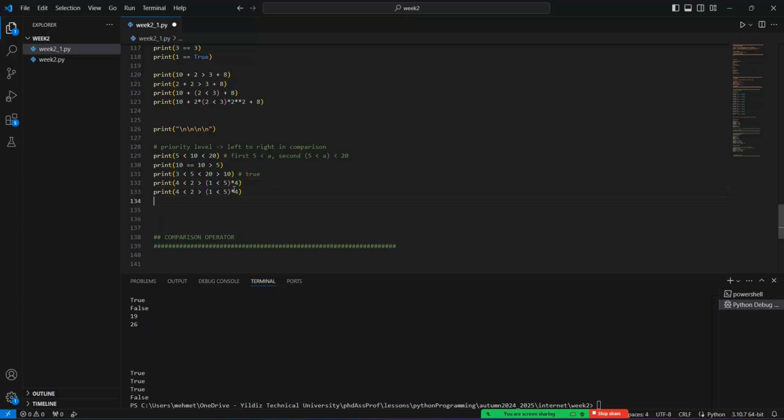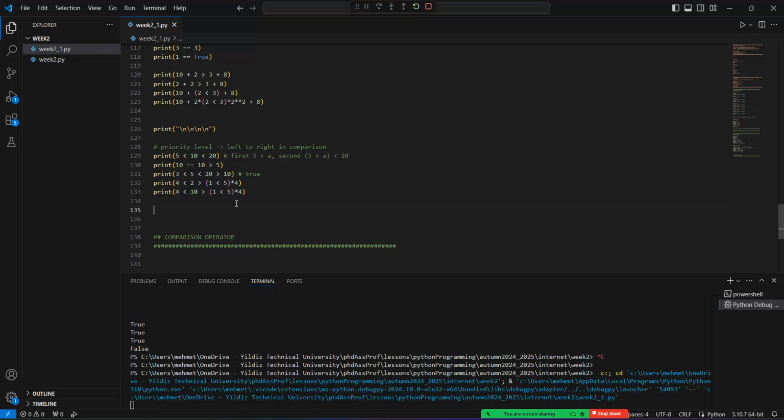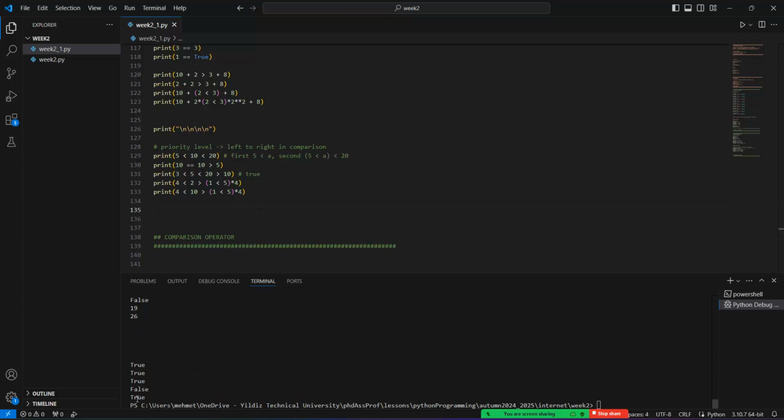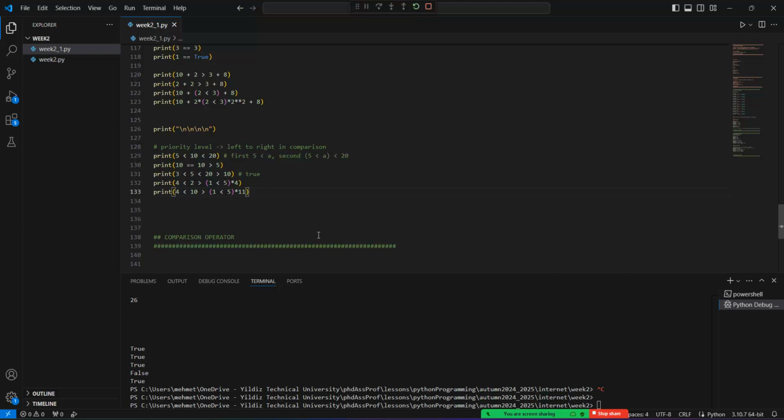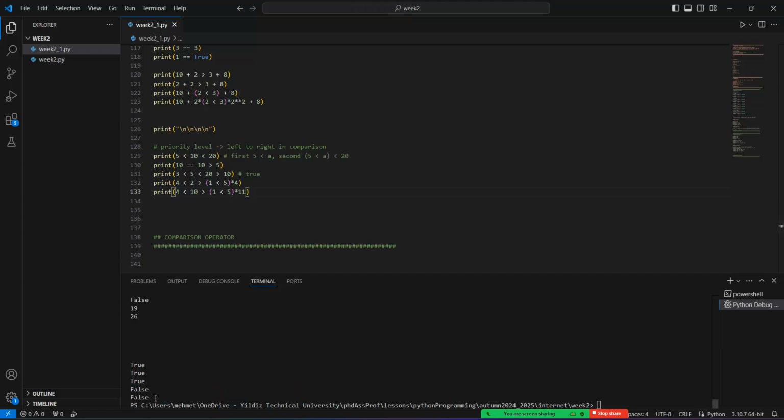Okay, and so what happens if I choose the 10 in here? In this case, see that this is true, right? Because this returns the value 4. 10 is greater than 4, but if I choose the value 11 in here, see, this is false.